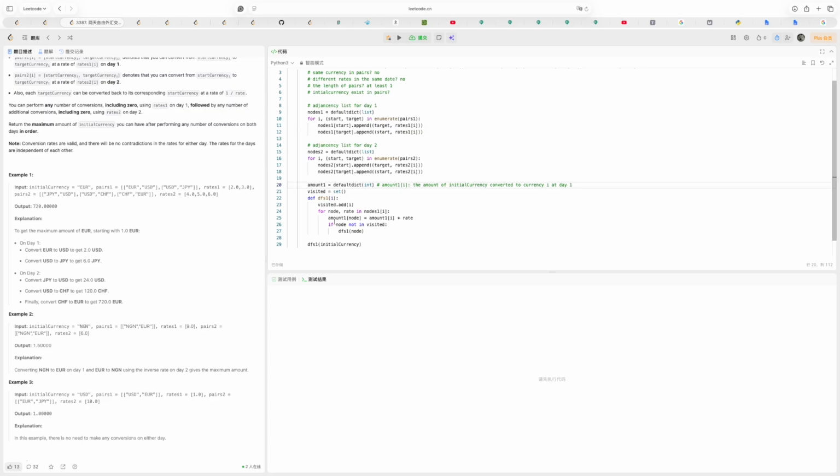Yes, and should we... I'm thinking, do I need backtracking? Yeah, maybe we can run this. I think pair 2 will be better. So let's try.